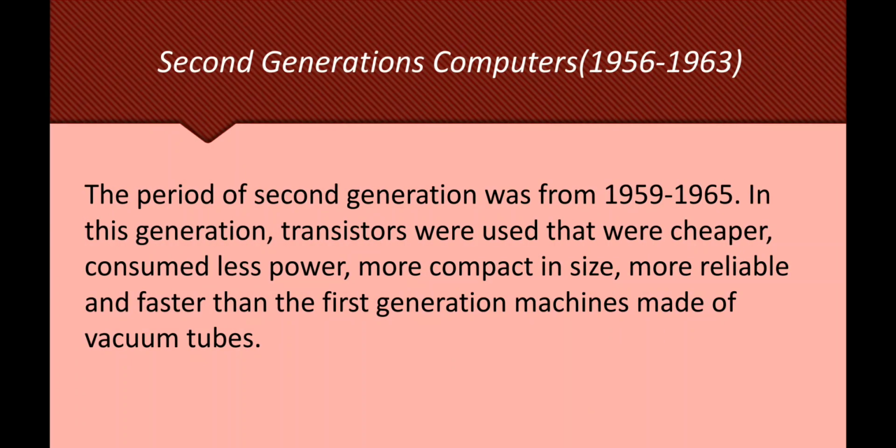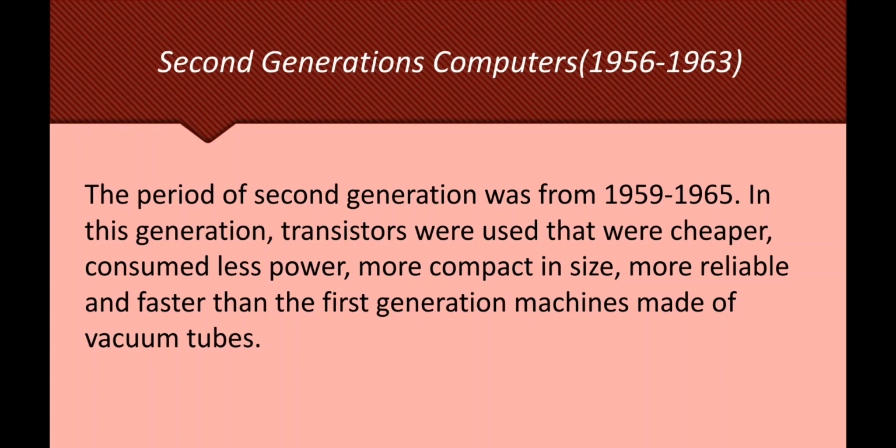The second generation is between 1956 and 1963. Computers built in this period are considered second generation computers, and these computers made use of transistors. The first generation used vacuum tubes, and in this they use transistors as processors instead. Both first and second generation computers used punch cards as input, to give input to the computer system.